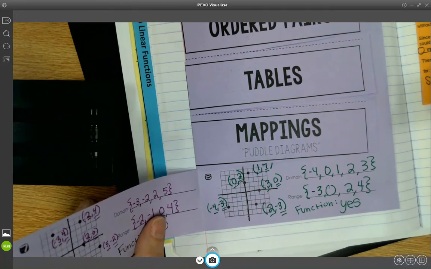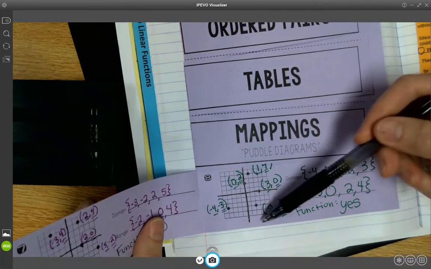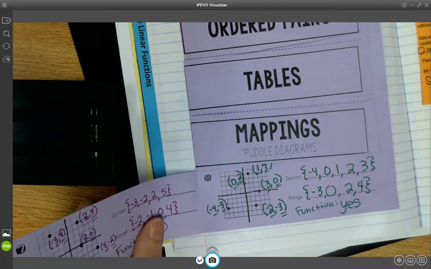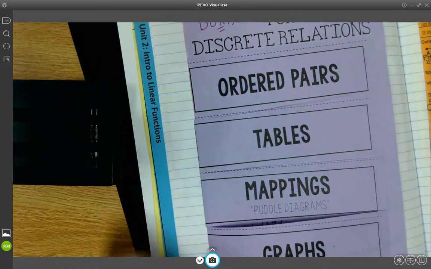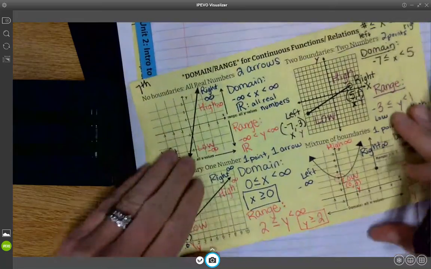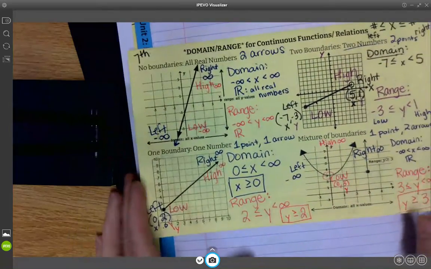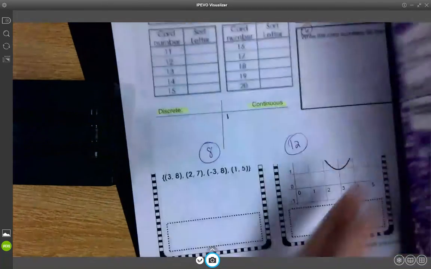So if any of the cards are ordered pairs, tables, mappings, or a scatter plot, it is discrete, okay? If it's any other graph, it's continuous, because continuous are like these notes where it's a connected line or a curve, okay?